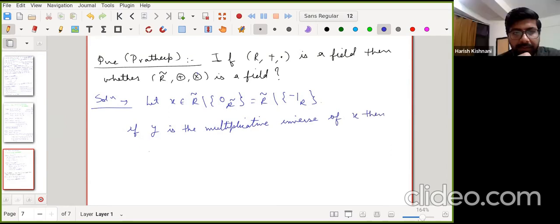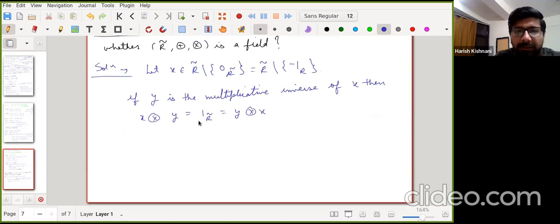It needs to satisfy x product y is the same as 1 of R tilde, which is the same as y product x.